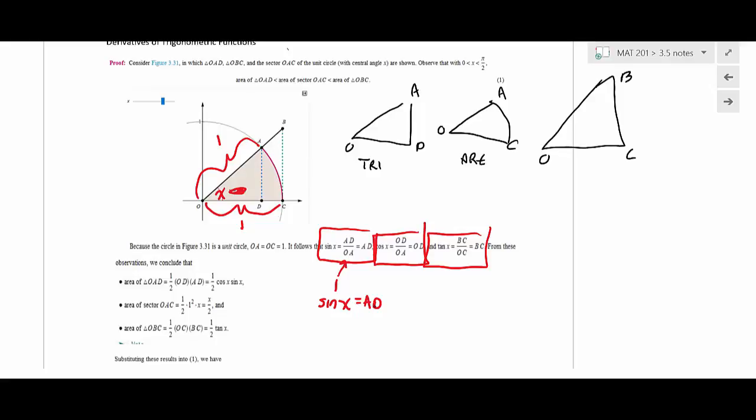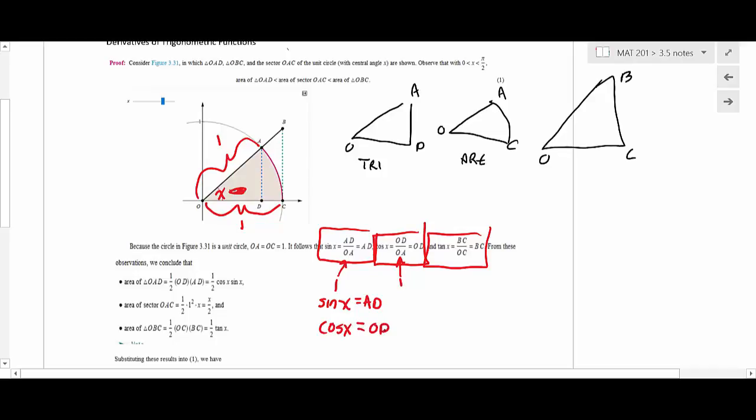So you have OD over 1, so that gives you OD. Does that make sense? So what you would get is that result, and that's just because you have a unit circle. So you're going to get cosine of x equals OD.